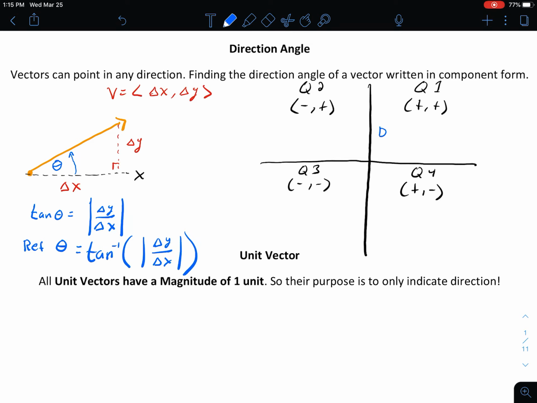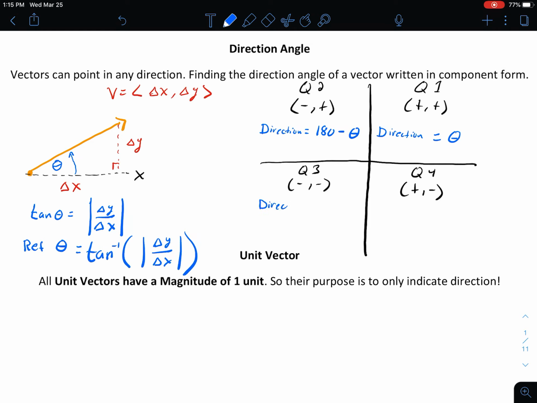If the vector lies in quadrant 1, the direction angle is equal to the reference angle, theta. If it lies in quadrant 2, the direction angle is equal to 180 minus the reference angle, so 180 minus theta.